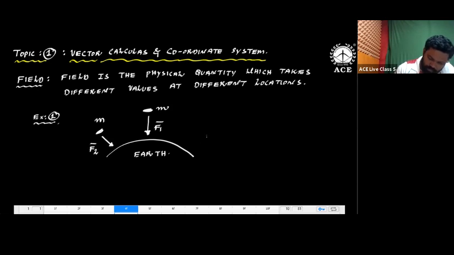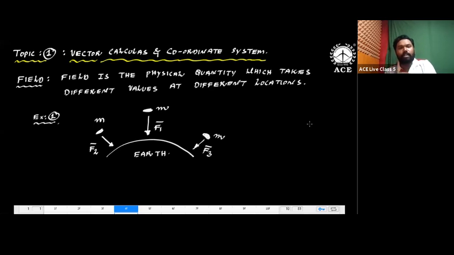Here it is F2. Here it is F3. So at the different points on the earth surface, the gravitational force experienced is different.